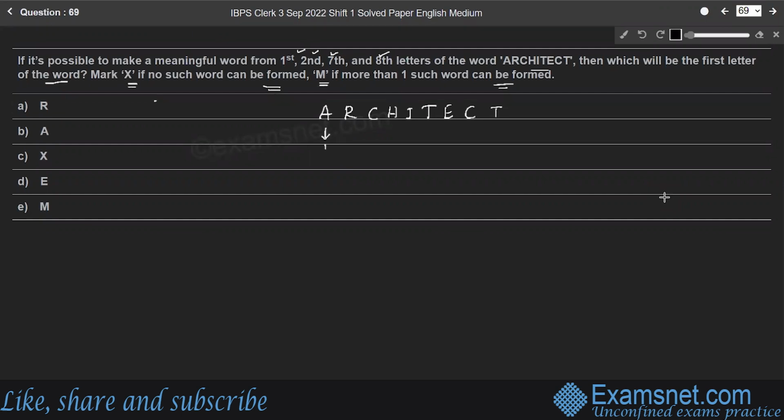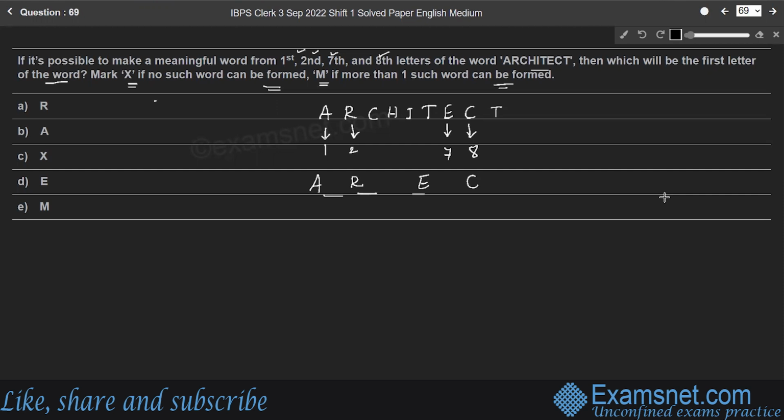So the first letter is A. Second letter is R. Seventh letter is E. And eighth letter is C. Using these 4 letters, how many meaningful words can be formed?